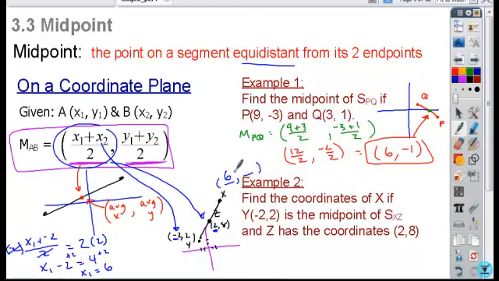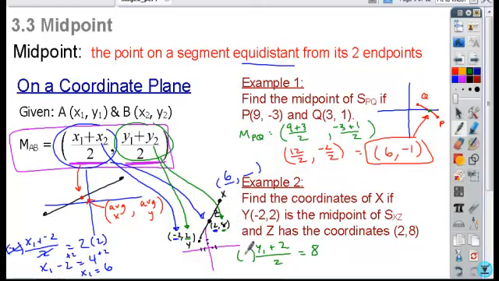Okay, so we found our x coordinate, and now we're going to do the same thing with the y's. So this expression has to equal 8. And so we're just going to take that individual equation. So y1 plus our y2 value. Once again, we come down to our known point, which is 2. So y1 plus 2 divided by 2 has to equal the given coordinate of our midpoint, 8.